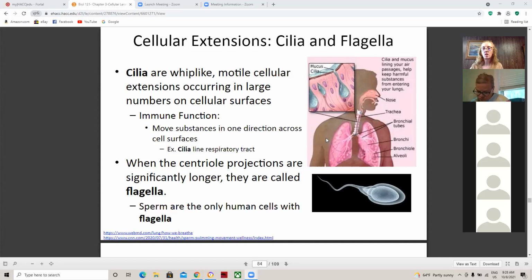Cilia will line the respiratory tract. If you think about when you have a cold, you cough things up, then you swallow them. The cilia help you to cough things up.